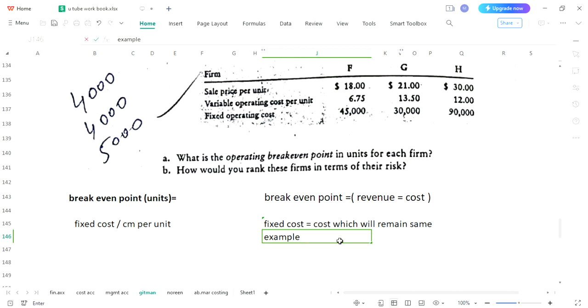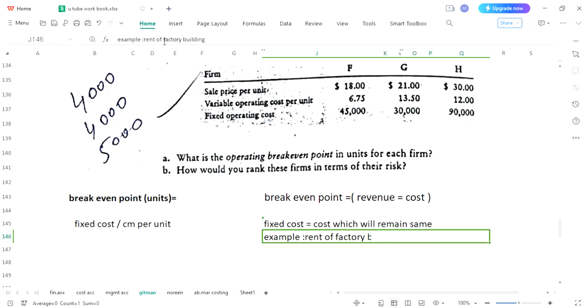Let's say you are a manufacturing concern and you have hired a building on rent. So rent of the factory building. Your building is on rent and you are paying that rent per month.